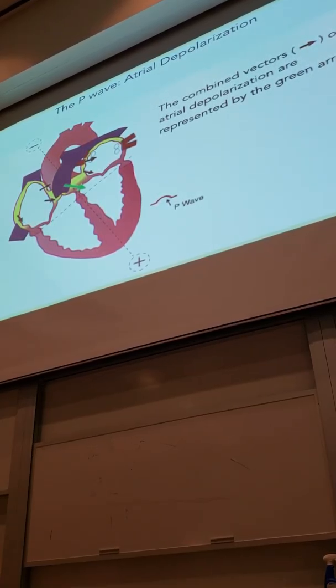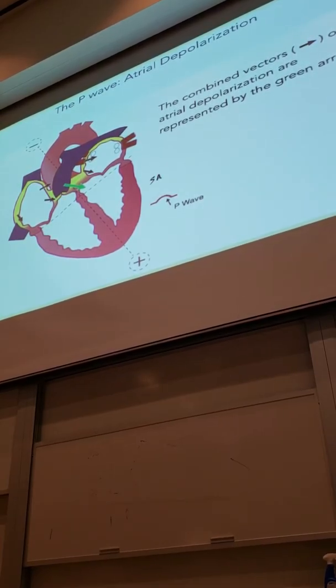Remember, it's not shown here, but where would you expect to find it temporally at the same time? Over here? No. So right about here, right? That's where the SA node would be setting off its action potential, okay?